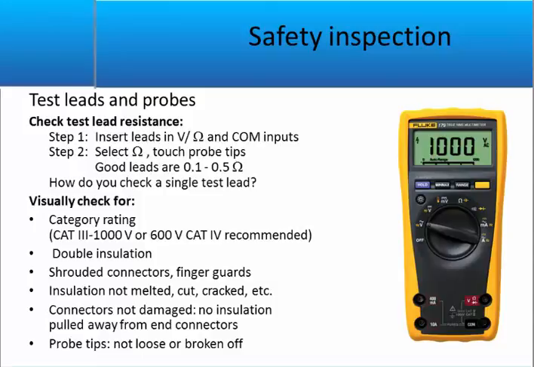Most meters, when short-circuited, will show a resistance reading of roughly between 0.1 and 0.5 of an ohm, and that is mainly to make sure that the lead resistance doesn't affect your reading. If it is higher than that, then you may need to investigate the integrity of the lead.